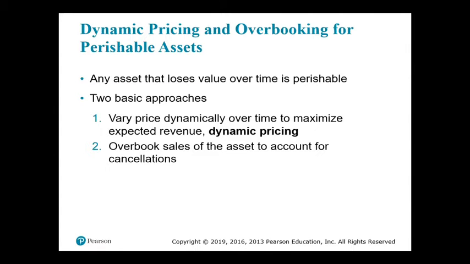And so dynamic pricing is basically the price is varied based on the time period. And overbooking is to say I'm basically overselling the product ahead of time and accounting for the fact that some of the orders are going to be canceled at a later stage.